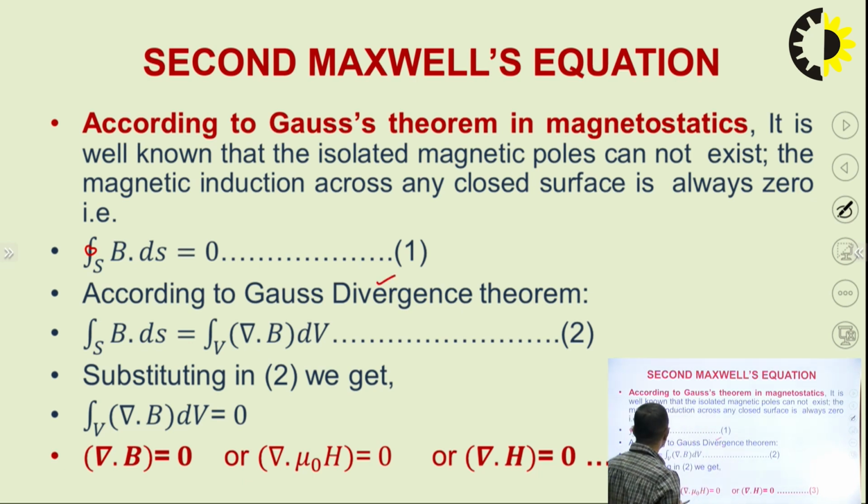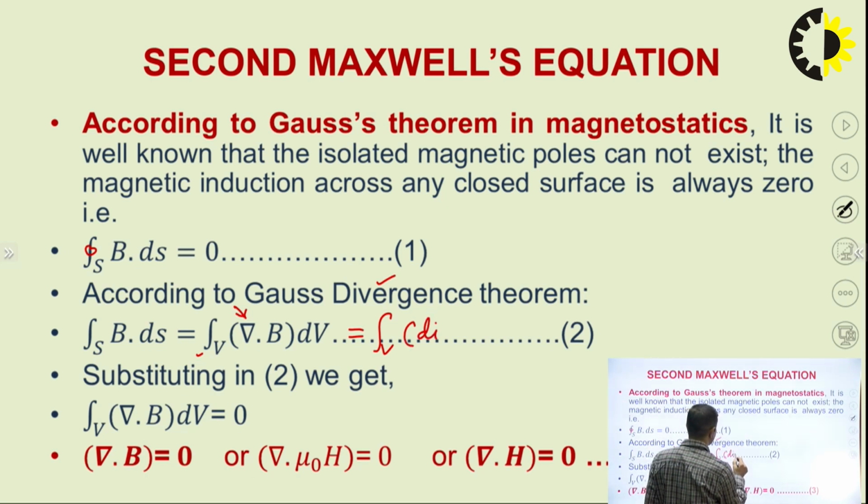and we know that if you want to convert a surface integral into a volume integral, that means we have to take the divergence of that vector quantity, and the vector quantity here is B, the magnetic field density vector B. So the left hand side, B dot ds over a surface S, will be equal to the volume integral over a volume V of del dot B dV, that means divergence of B into dV.